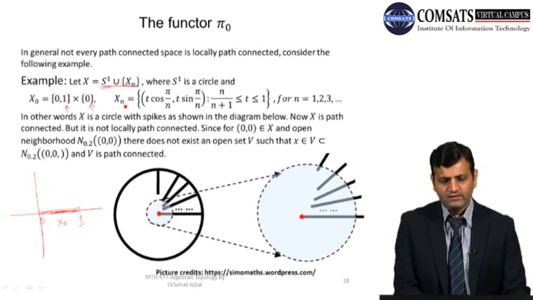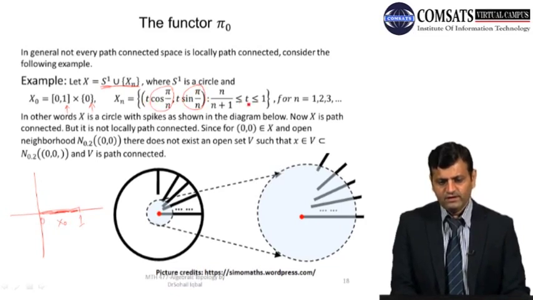So what is Xn? We turn a bit using these angles, and we have our t, or in other words the lengths of these vary from n over n plus 1 to 1. For example, if n is equal to 1, then this is pi and sine pi, and this becomes t, which varies from 1 by 2 to 1.